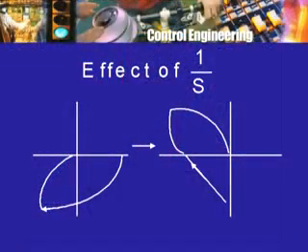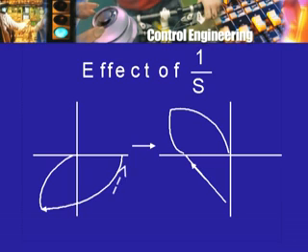But you can see that the effect of this factor 1 by s, the integrator, was to turn this figure by introducing a phase shift of minus 90 degrees. So, the whole diagram was getting turned, as a result of which, whereas there was no intersection with the negative real axis and the phase shift was never 180 degrees, here the phase shift could become 180 degrees for some value of frequency.